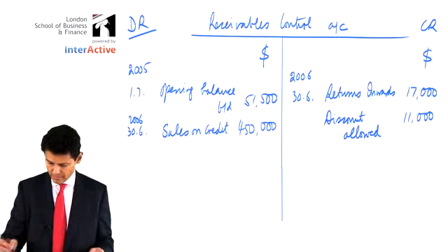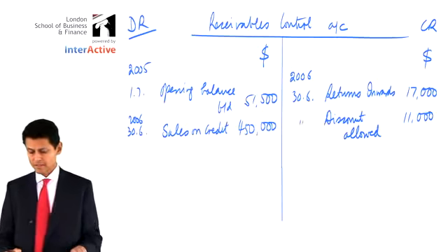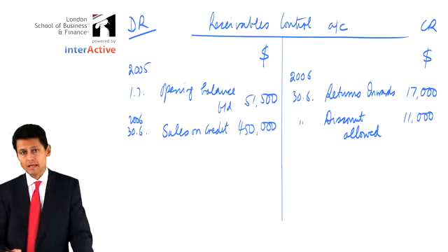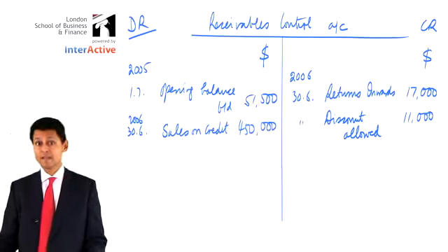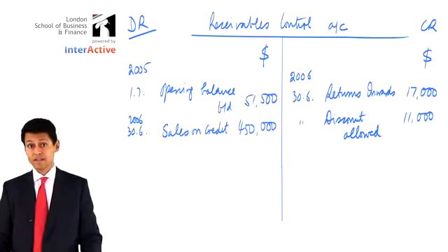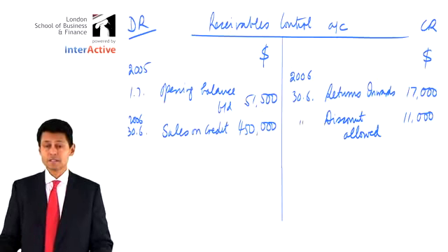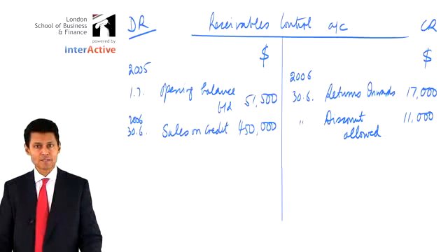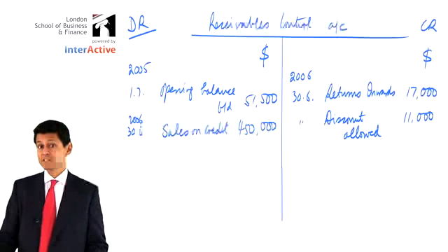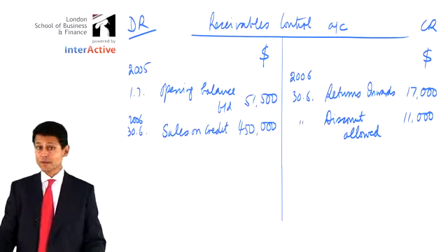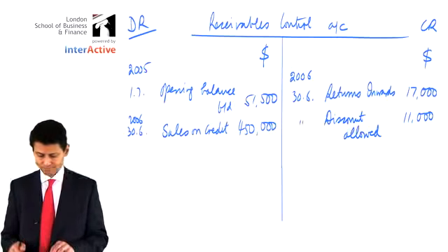Obviously, you can't allow a discount to your suppliers. That would be patently unfair and faintly ridiculous. So discounts allowed is something that you have the power to allow to your customers. Whereas if a supplier decides to give you a discount, that is a discount that you will receive. And we covered that, of course, on the previous account.